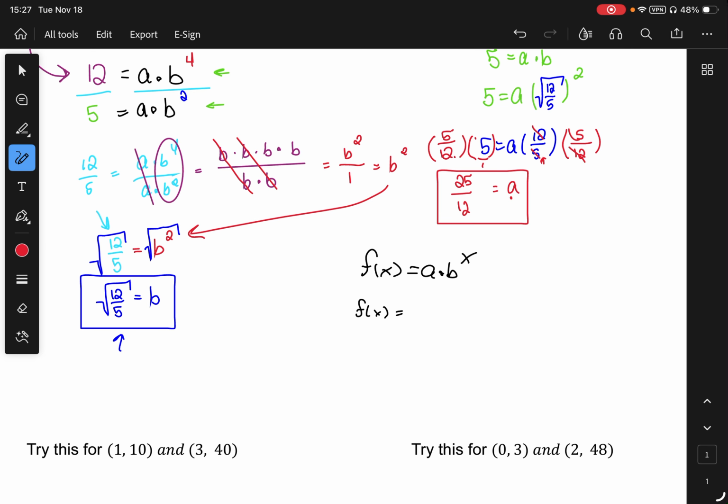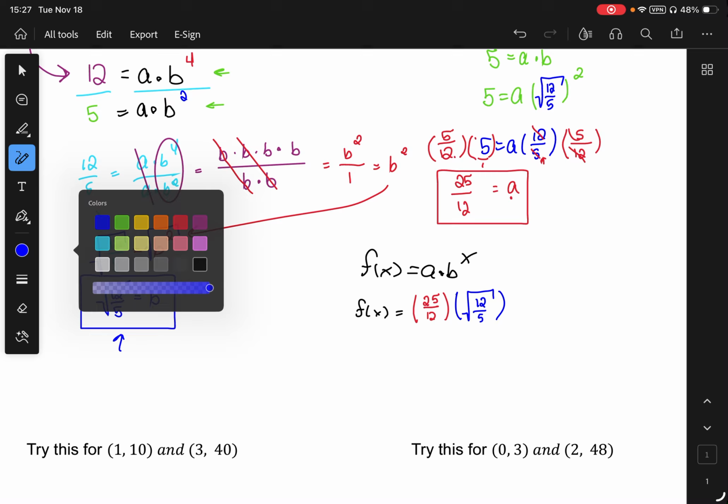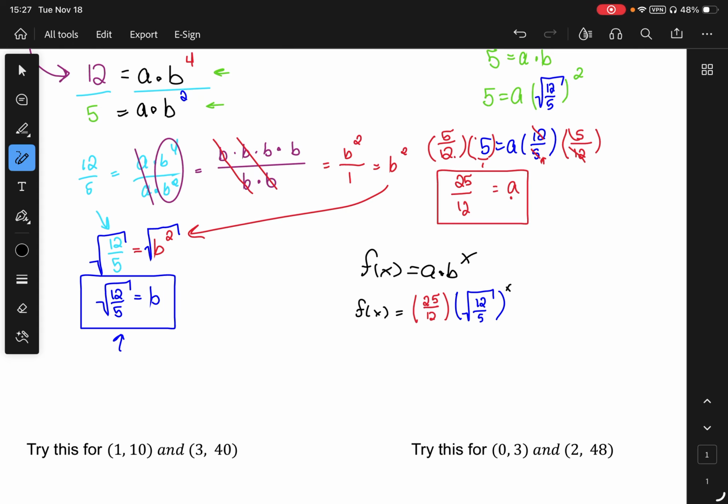We found that our value for a was 25 over 12, and then we found that our value for b was the square root of 12 over 5, and this is to the power of x. So our final equation is f of x is equal to 25 over 12 times the square root of 12 over 5 to the x power. So that's how we solve for the first equation.